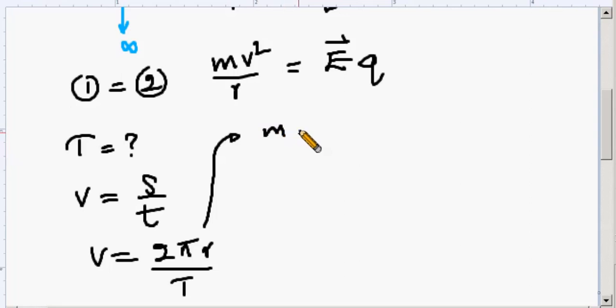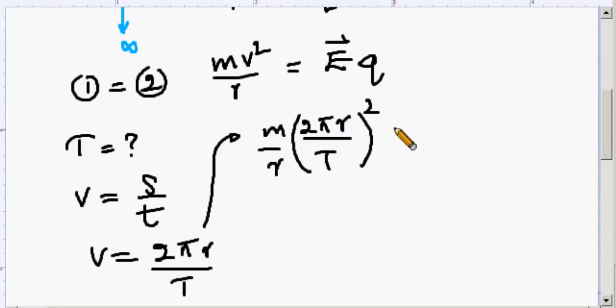m v squared. V squared is (2 pi r divided by T) squared, the total thing squared. So here m v squared over r equals eq.